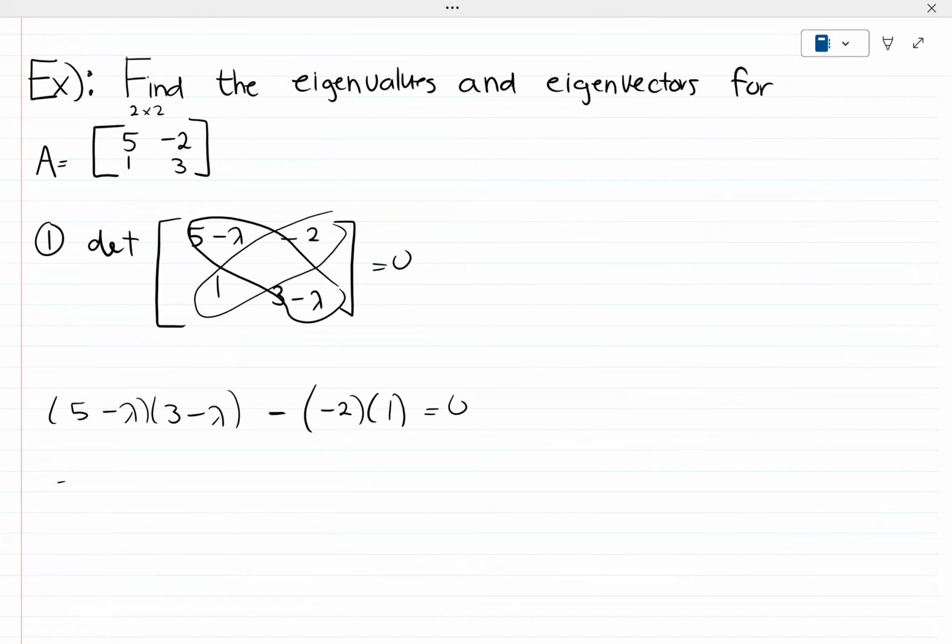When you do the algebra, you get 15 minus 5 lambda minus 3 lambda plus lambda squared plus 2 equals 0. Putting it all together, you get lambda squared minus 8 lambda plus 17 equals 0. Unfortunately, it doesn't factor nicely.